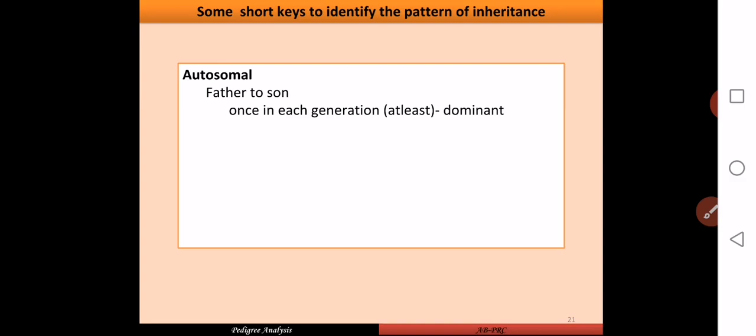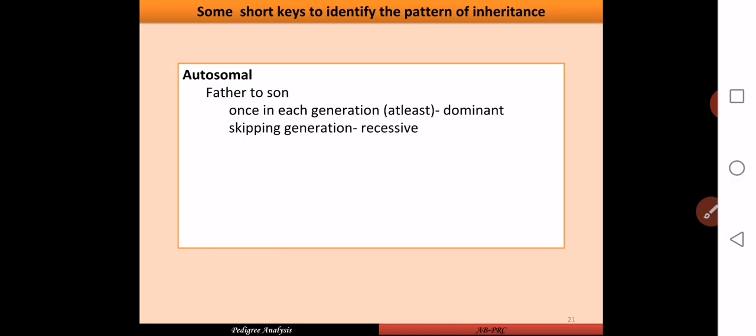And if the disease is present in all generations, that means at least one individual in every generation is affected, then you can say that this is autosomal dominant, right? And if they tend to skip generations, it is autosomal recessive, right?